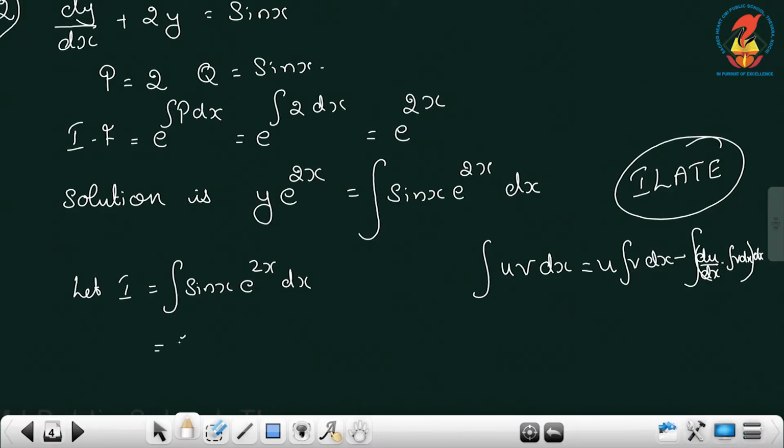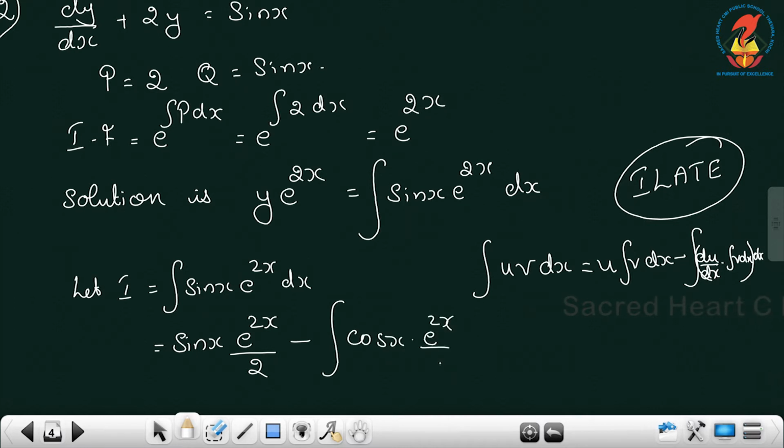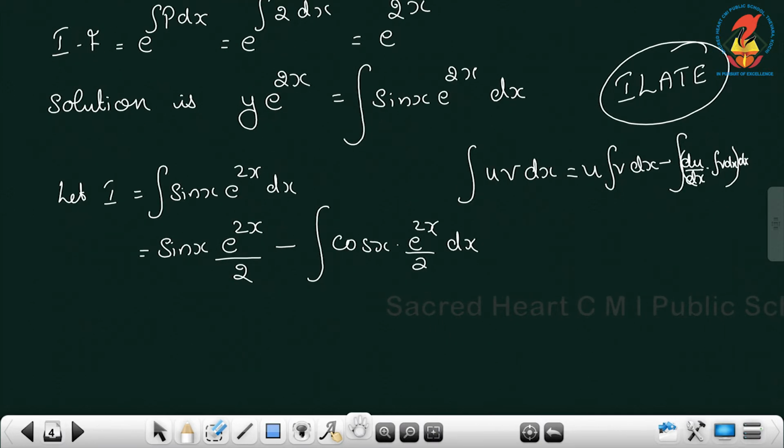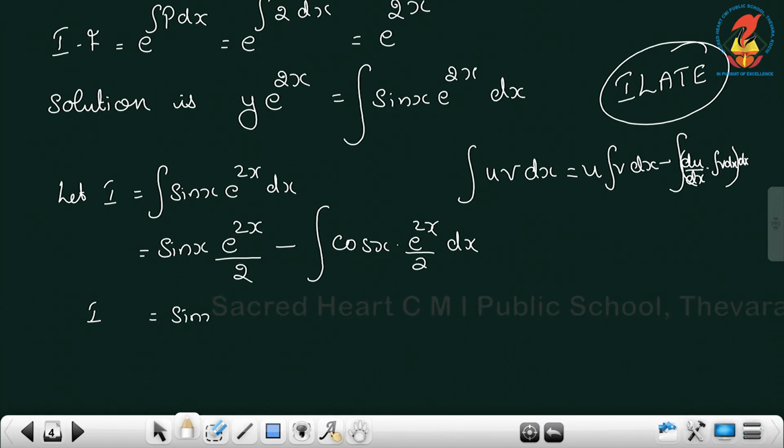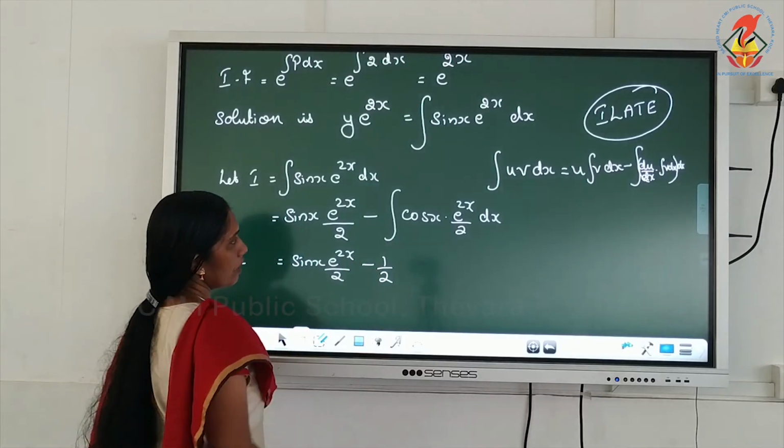So we can integrate first function into integral of second, e raised to 2x, integral e raised to 2x by 2 minus integral of derivative of first. Derivative of first is cos x into integral of second dx. Now 2 we can take out. So I is equal to sin x e raised to 2x by 2 minus half, 2 taking outside.